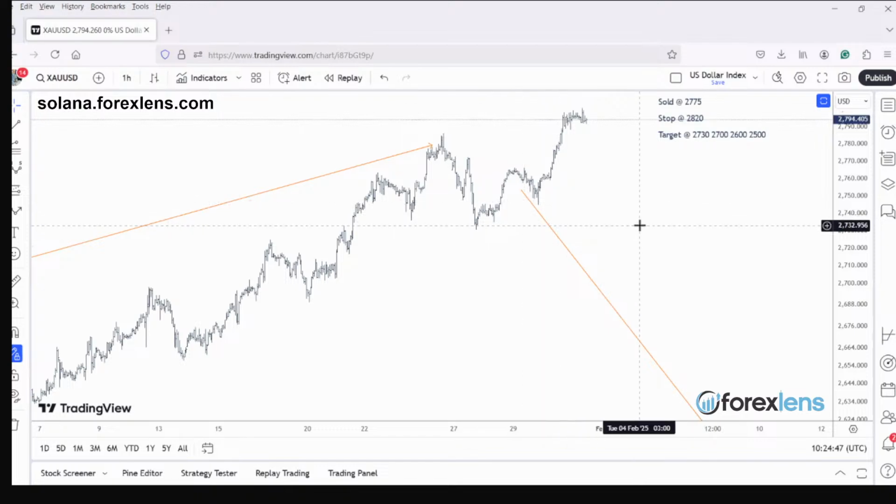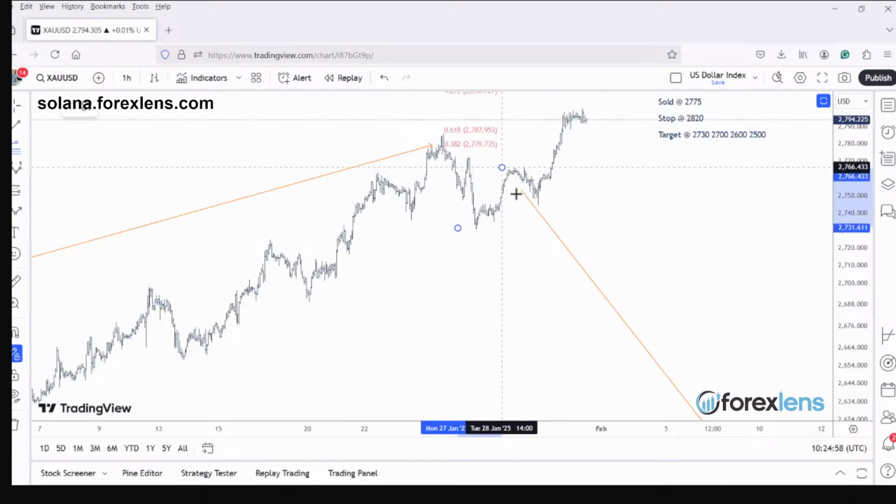Wave 4 is not entering the territory of wave 1, so we can still say it's 1, 2, 3, 4, and 5. And normally metals expand their fifth waves, especially when the fifth wave expands, it is quite possible. So I think we brought up this figure last time, 2800 something. That has been met.